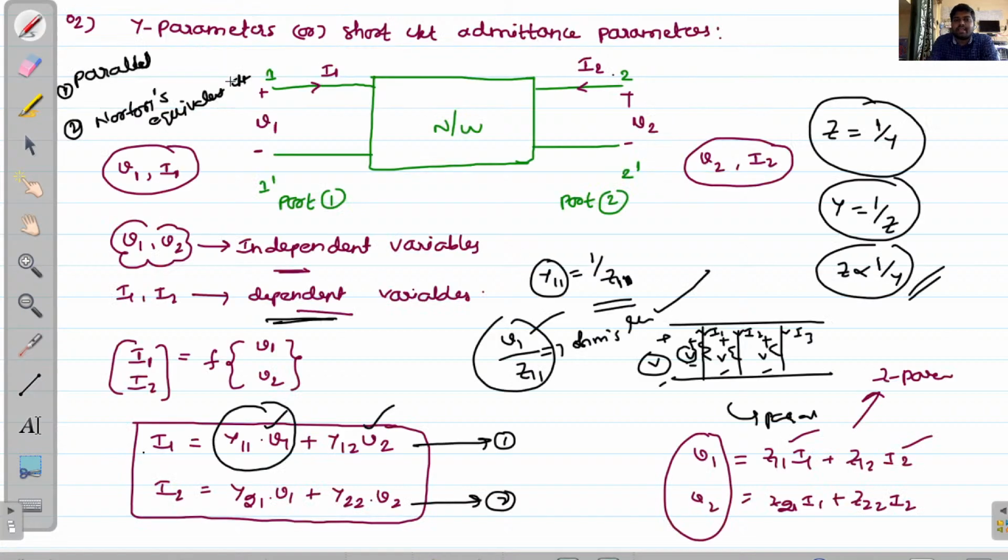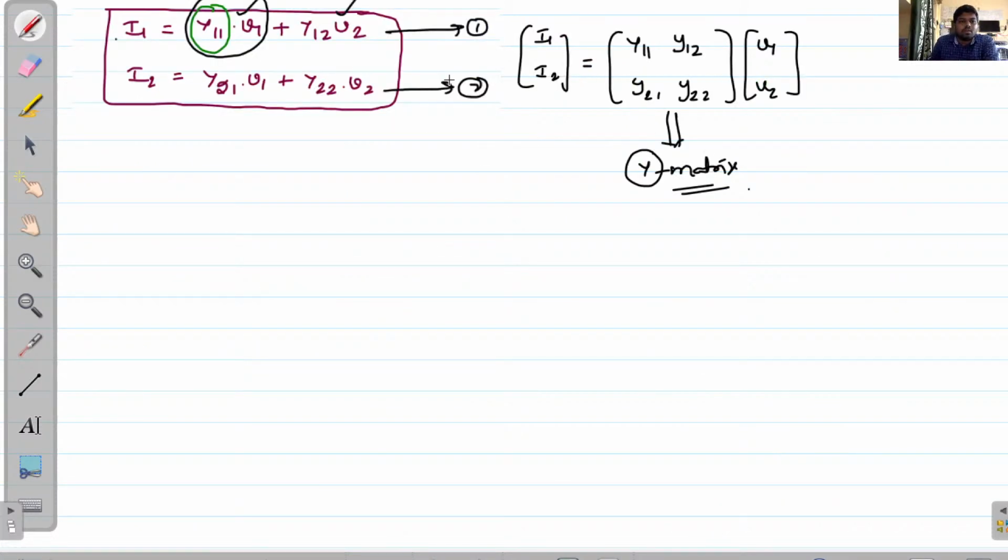But in this case, these are Y parameters, also called short circuit admittance parameters. Z is impedance, and 1 by Z, this Y, is admittance. So by making a short circuit, we can find out the Y parameters. That's why we call them short circuit admittance parameters. That is important.